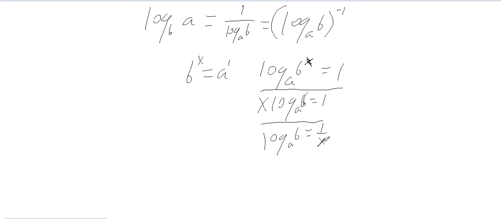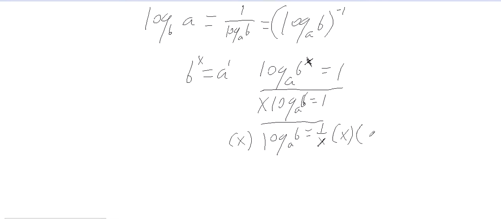We usually don't like having x in the denominator if we can help it, and we can definitely help it if we multiply both sides by x. I'm sorry if you heard that, my phone went off. Multiply both sides by x, and then divide both sides by log base a of b.